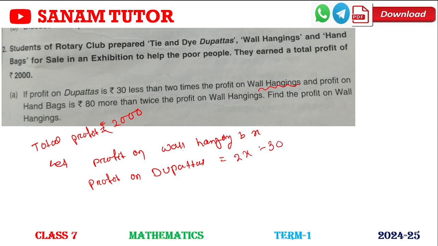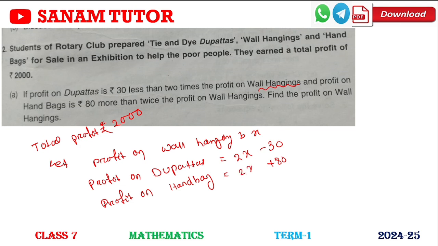Okay, so now the profit on the handbag. Write down profit on handbag equal to 80 more than, so plus 80 to twice the profit of the wall hanging, that is 2X.